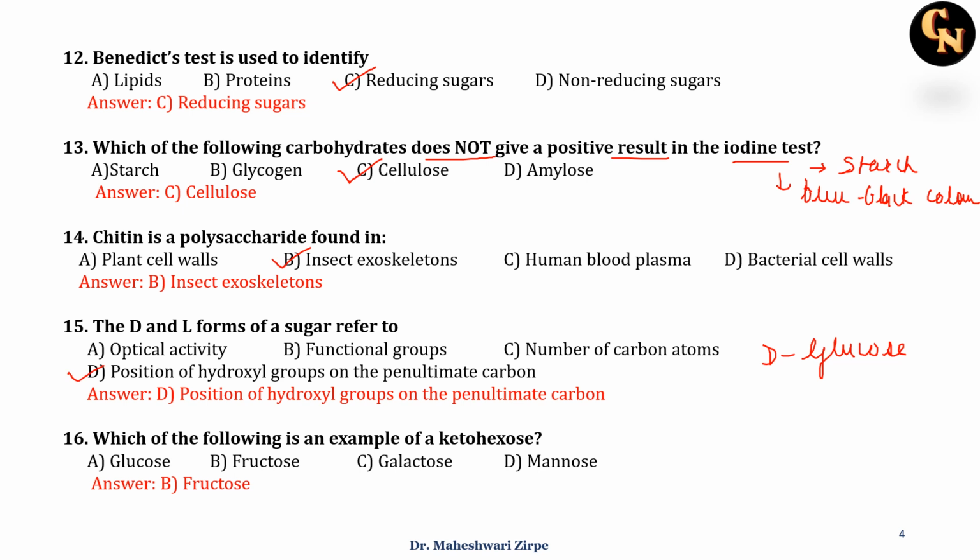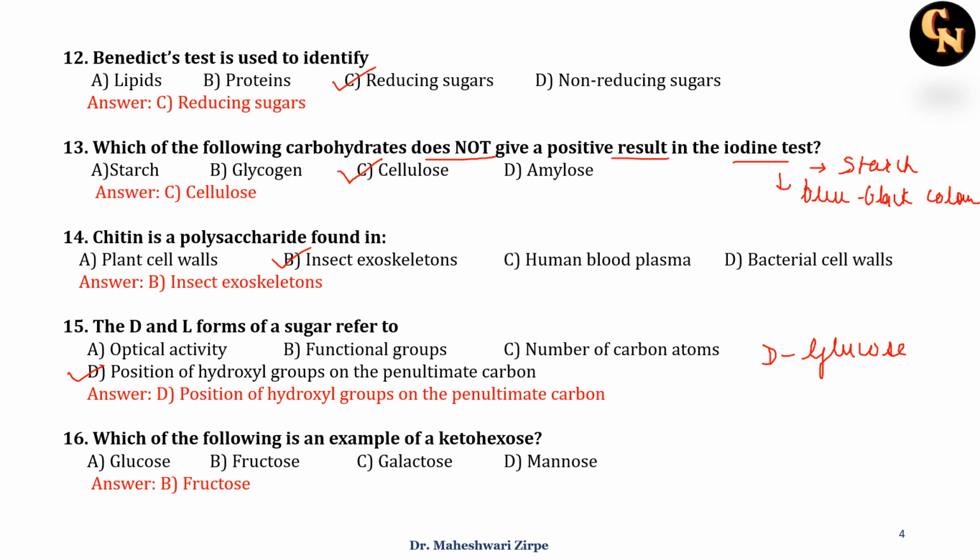That is one carbon, which is the second last carbon from the terminal, where the OH group is placed, whether it is on the right hand side or left hand side. If it is on the right hand side, we denote it by D. If it is on the left hand side, we denote it by L. Okay, so this way we can denote the sugars with D and L form.